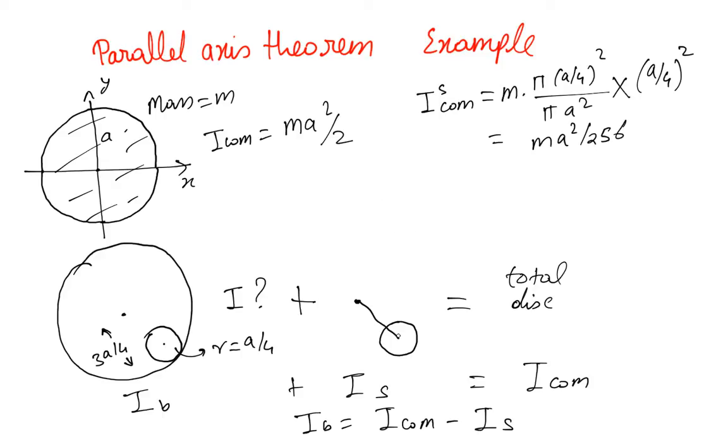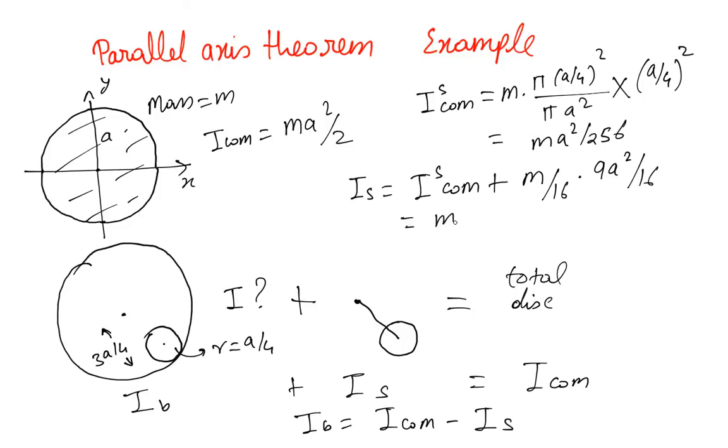Okay, but this is about its own center. How to find IS? Now IS is going to be ISCOM plus the mass of the disk, which we have already found to be m over 16, times this distance squared, which is 9a squared over 16.